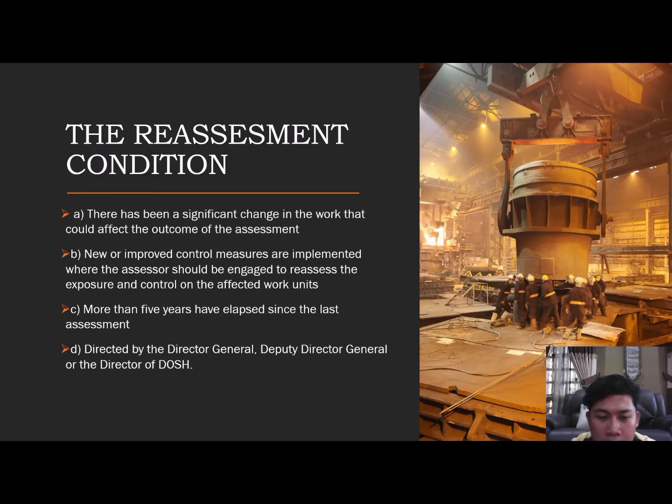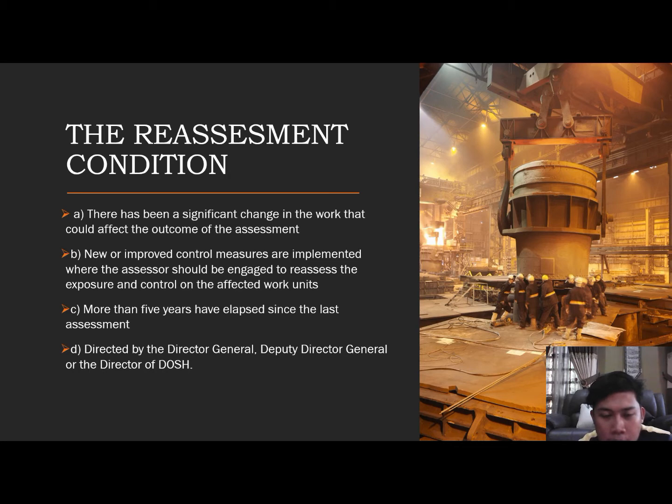So, what are the conditions for reassessment? The first is there has been a significant change in the work that could affect the outcome of the assessment. Second is new or improved control measures are implemented, where the assessor should be engaged to reassess the exposure and control on the affected work units.